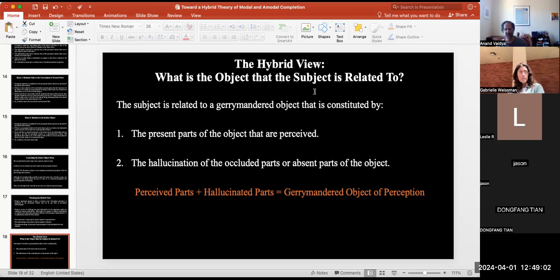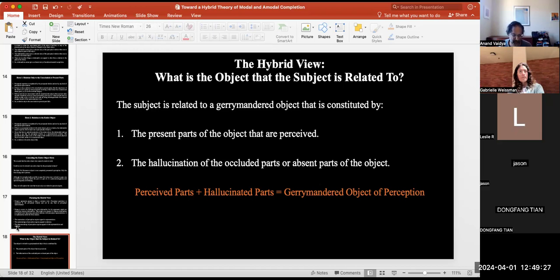It's saying you have this thing that's constructed. Gerrymandered here means constructed. And there are two parts of this thing. One part is what's out there, the present parts that are being perceived. And the other thing is a hallucination. These two things are coming together. So the object on the hybrid view is perceived parts plus hallucinated parts, what comes to be known as the gerrymandered object of perception.